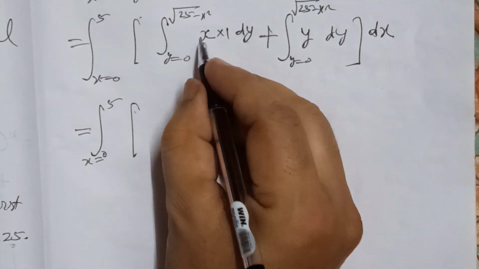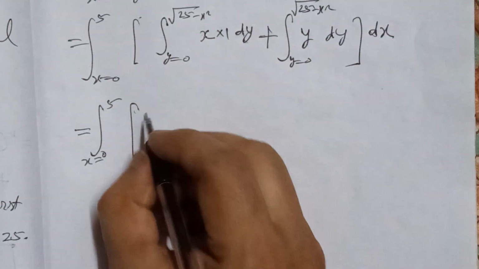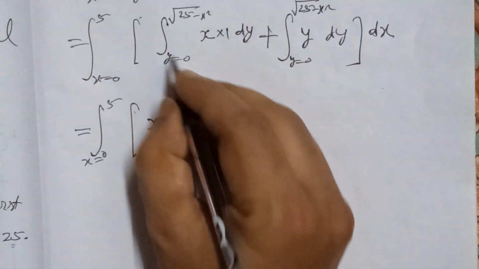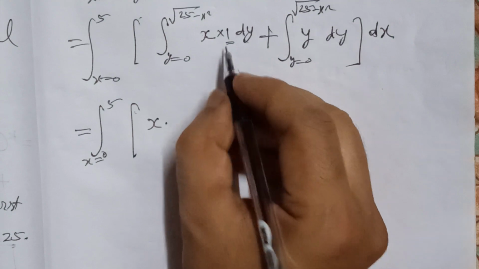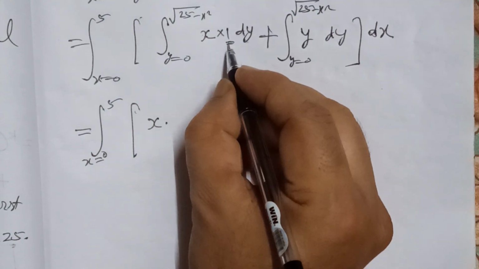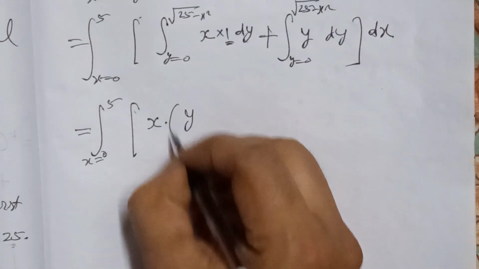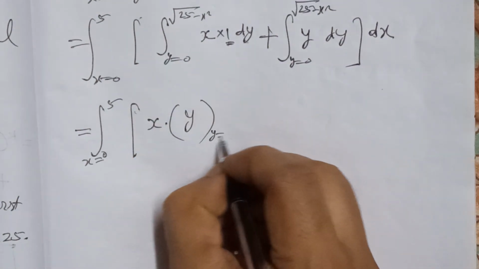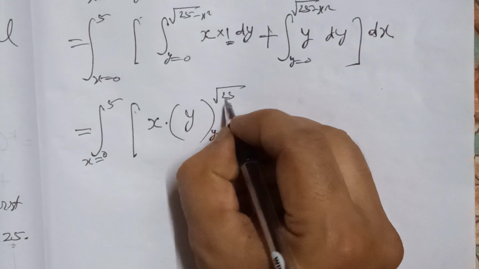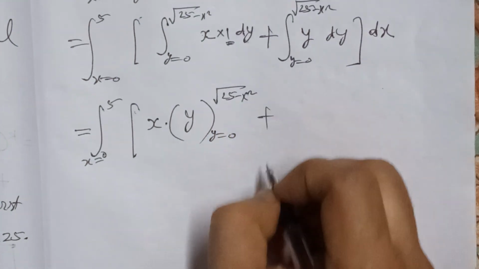x can be taken out of the sign of integration, leaving only 1 behind. Integration of 1 with respect to y is y, and we apply the limit y is equal to 0 to square root of 25 minus x square.